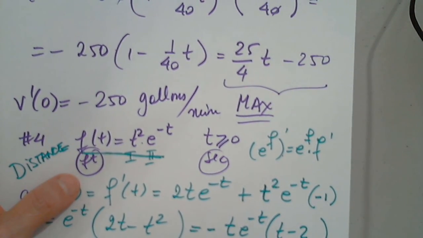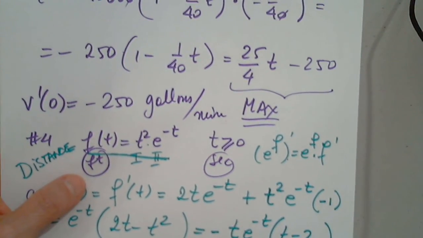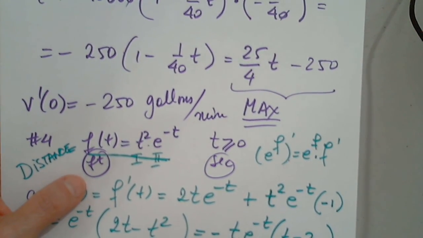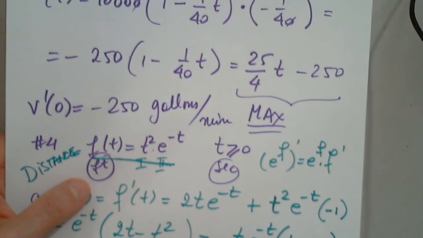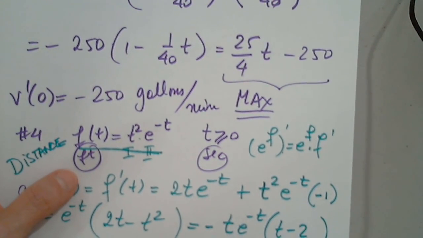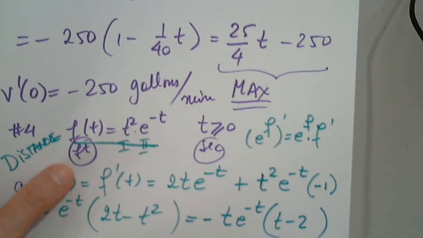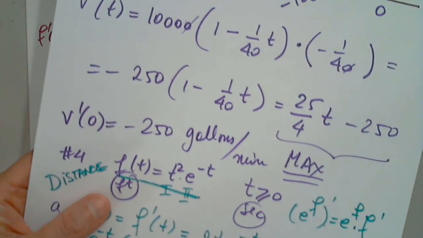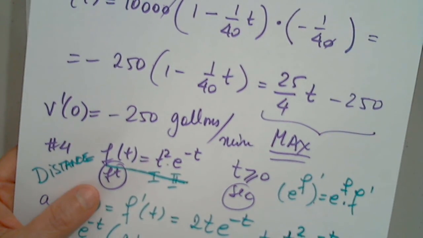I don't like this. I like parentheses because not everyone has this type of calculator where parentheses are not required. So I have to show that, and I'm more comfortable putting them in. So we have t squared times e to negative t. Good.